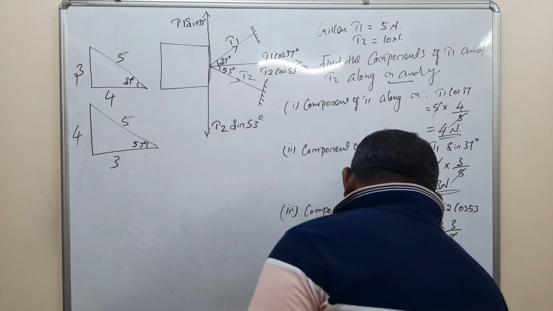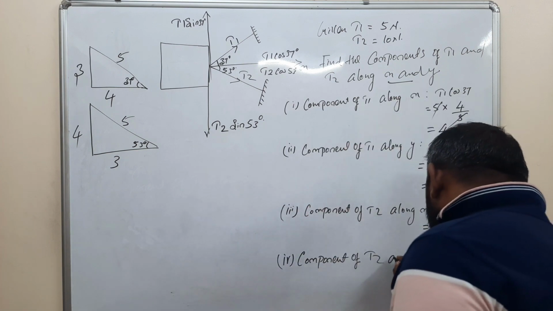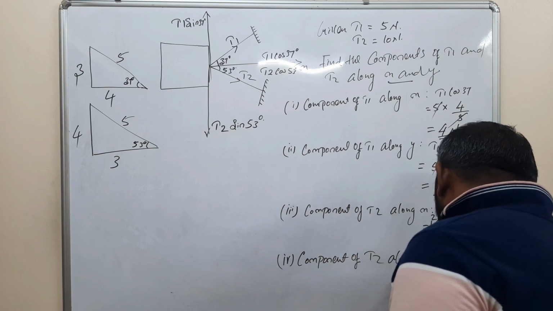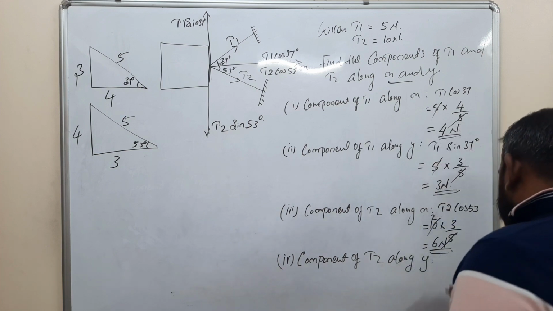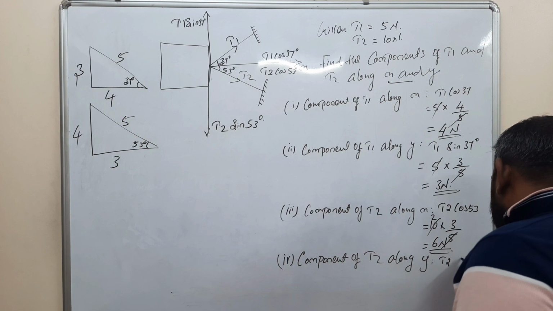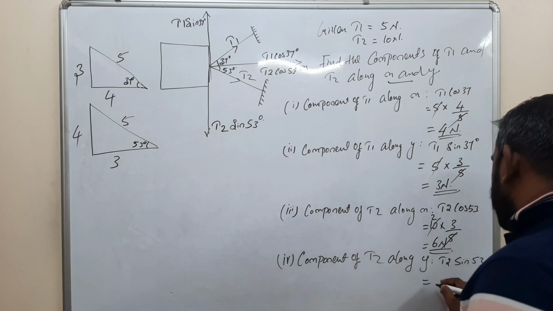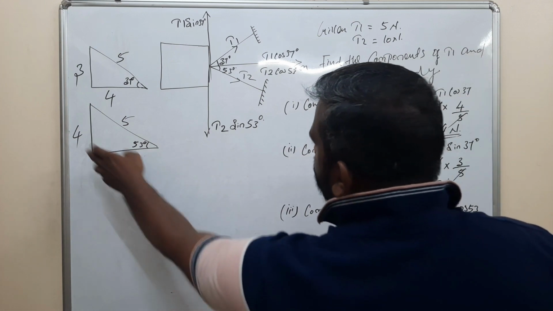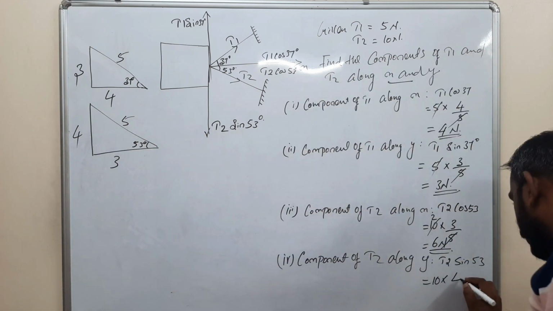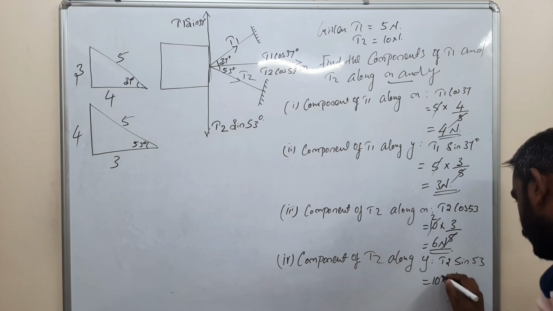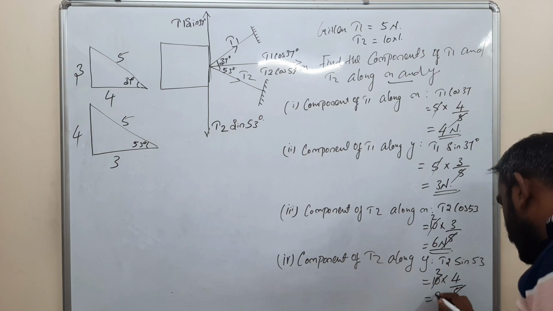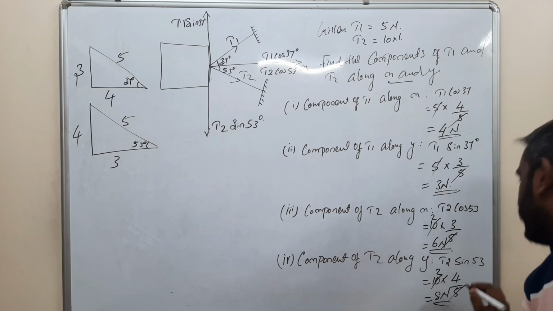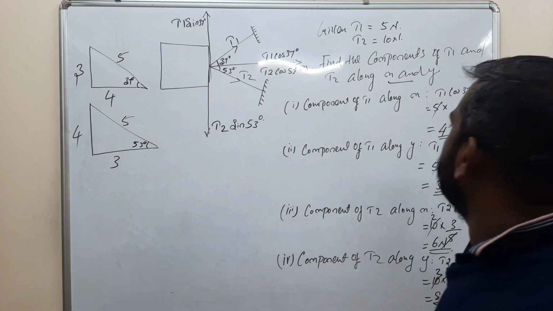So fourth one. Component of T2 along y. That is T2 sine 53. So that's equal to 10 into sine 53. Opposite side by hypotenuse, that is 4 by 5. So 2 times, that's equal to 8 Newton.